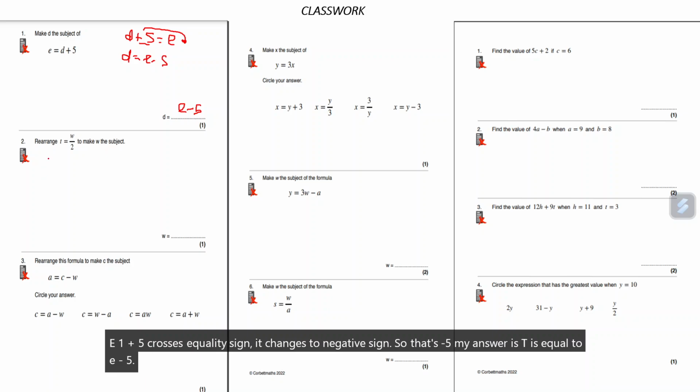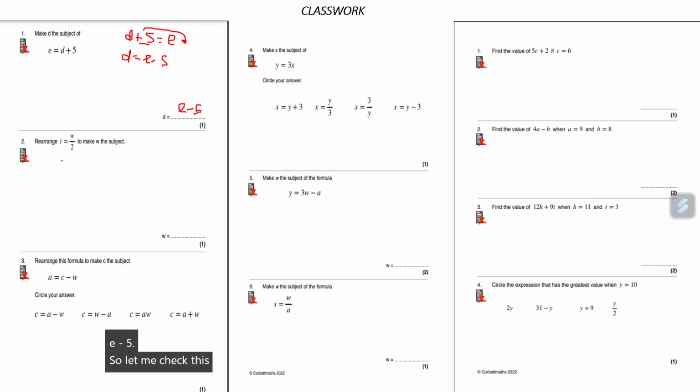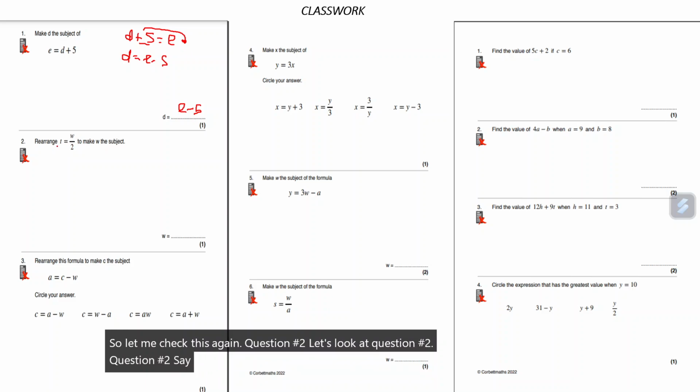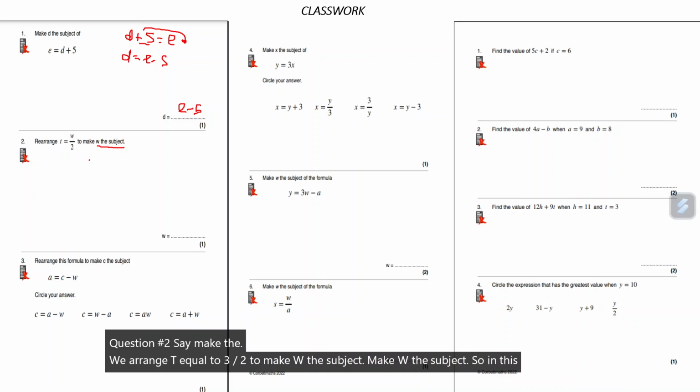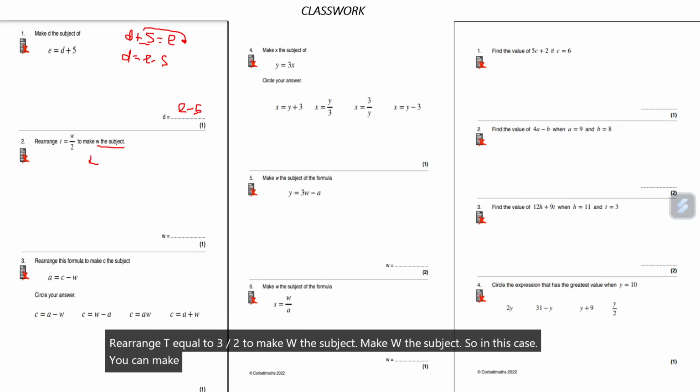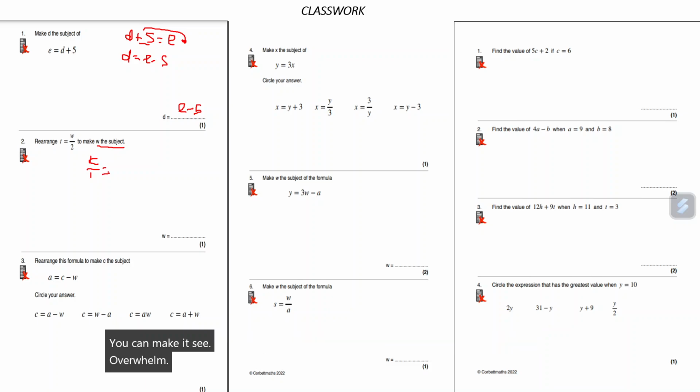So let me check this again. Question number 2. Rearrange T equal to W over 2 to make W the subject. In this case, you can make it T over 1 equal to W over 2.